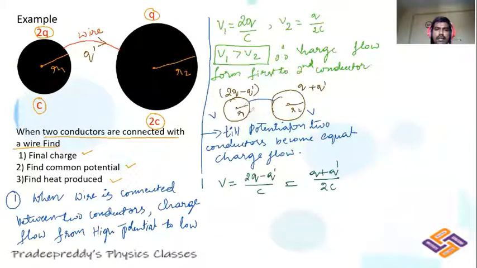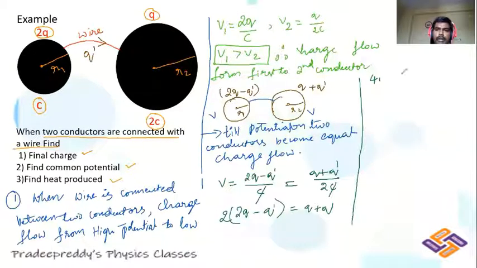Potentials of these two conductors are equal after transfer of charge. So I will equate these two equations. C and C get cancelled. It is 2Q minus Q dash, this 2 comes over here, is equal to Q plus Q dash. Now 4Q minus 2Q dash is equal to Q plus Q dash.